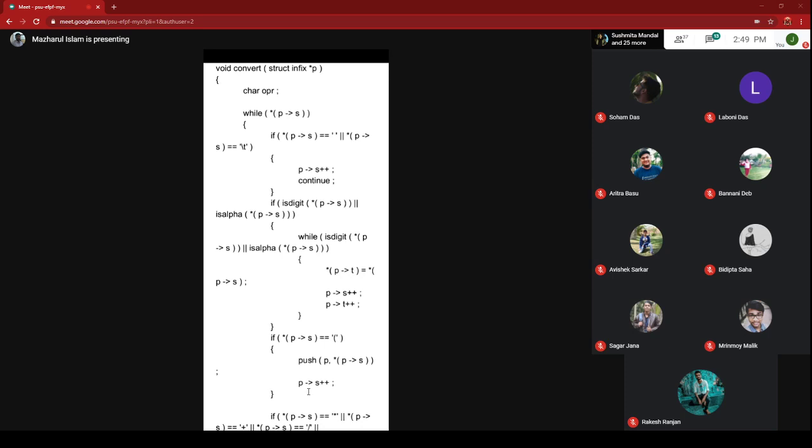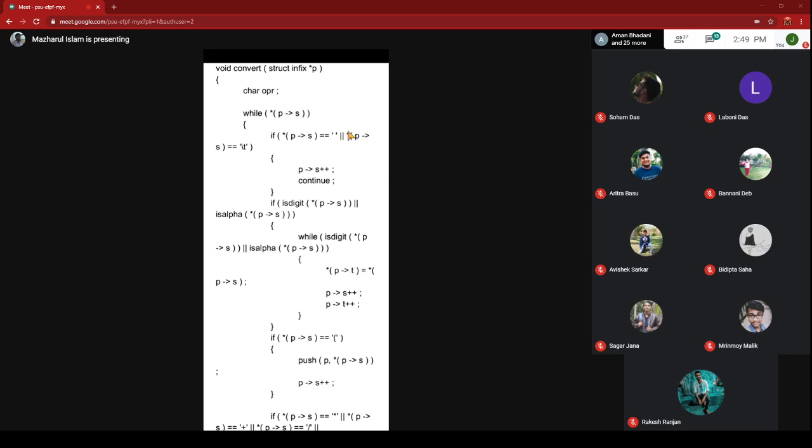Actually, at the time of entering the infix expression, we may inadvertently give some space or tab, and you need to skip that. For doing that, the first if block is there, and in the second if block you are checking whether it is a digit or an alphanumeric character.